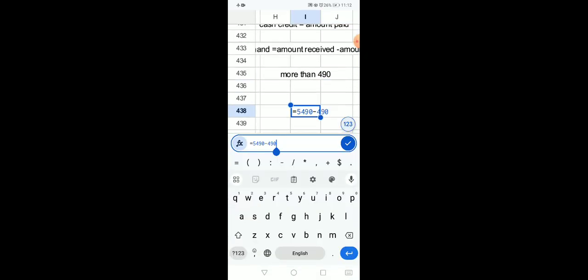We have subtracted and come to know that this amount is still in our hands. And now we were supposed to see how much amount is more than 490. So we subtracted 490 out of the total cash in hand, and thus we have got 5,000, which is actually the amount which is more than 490.